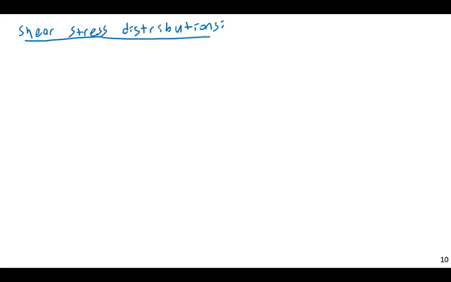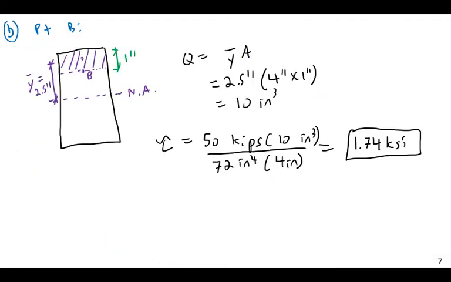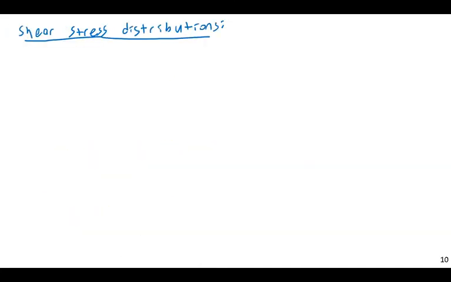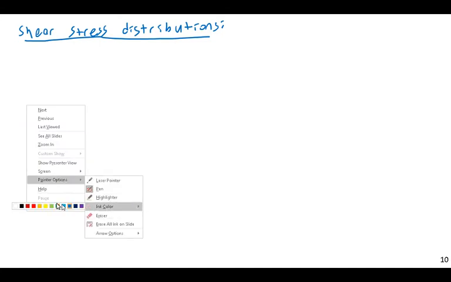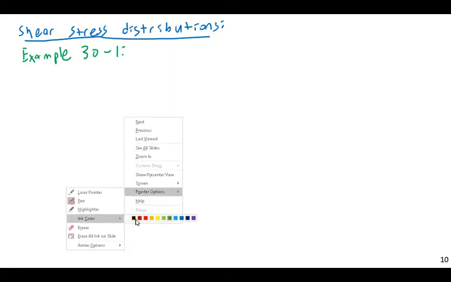One I'm going to plot from lesson 30, example 1, the one with the rectangular cross section, and one will be for this problem here. So this is for example 30-1, and you could find this graph by taking the shear stress at various locations. There's just one example in the previous lecture, but that's okay.